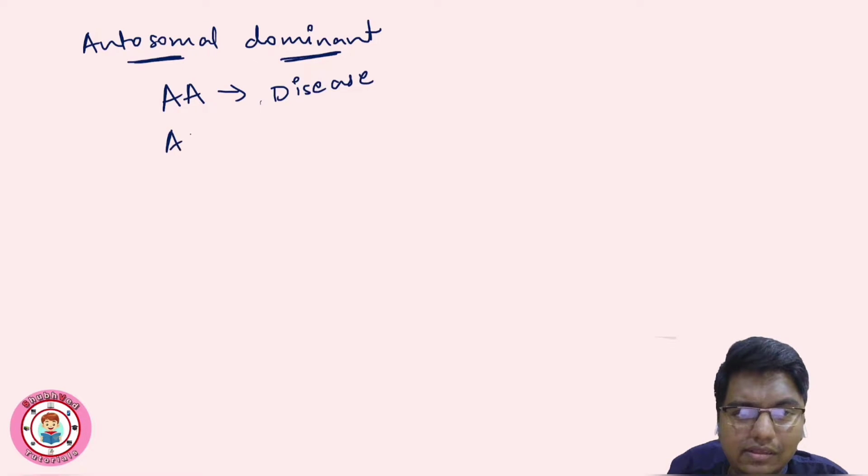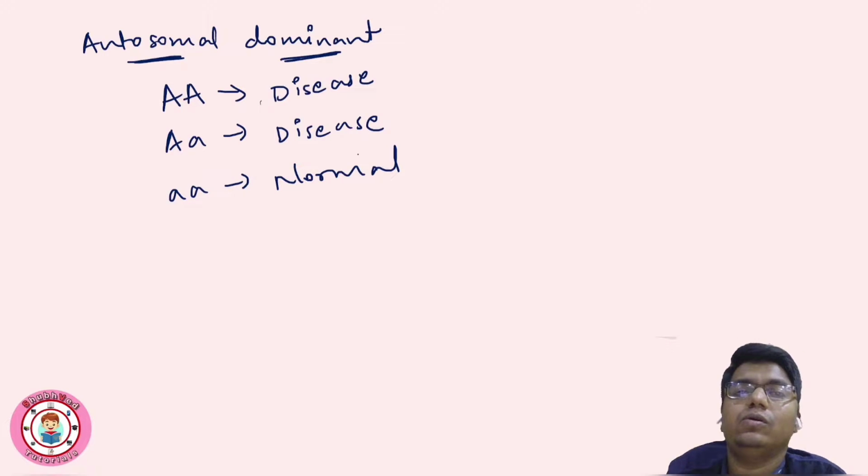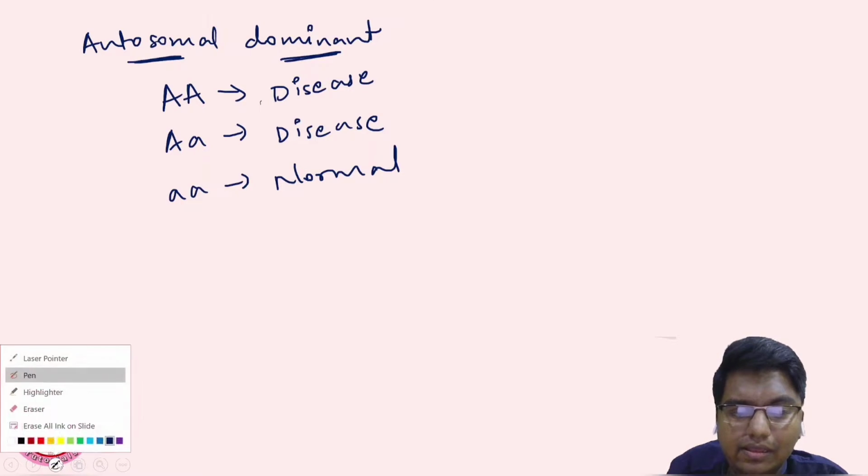As well as this also, right? And recessive will be normal here. Okay, so we have to remember that there is no carrier in this situation. This is completely dominant. Single allele is responsible for the trait, we can say, okay? And dominance will be seen, right?